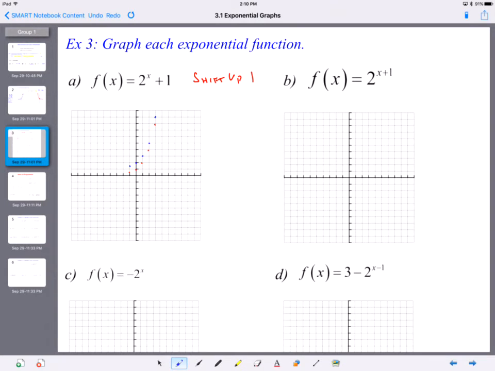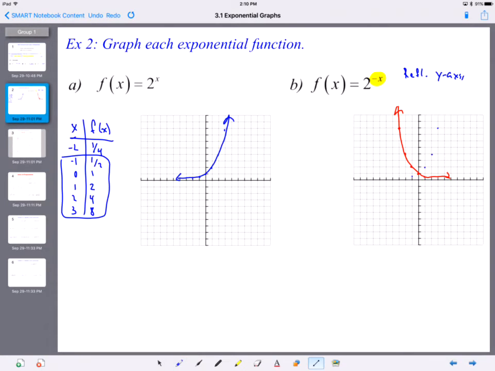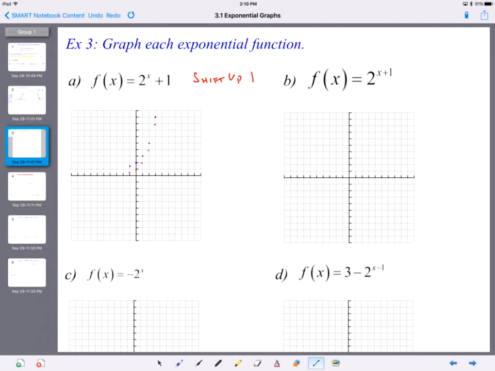Now here's the important thing, is that if you go back to our parent function, this graph gets close to the x-axis, but it never touches it. So we have a horizontal asymptote. So if we shift things up or down, that horizontal asymptote also has to shift as well.